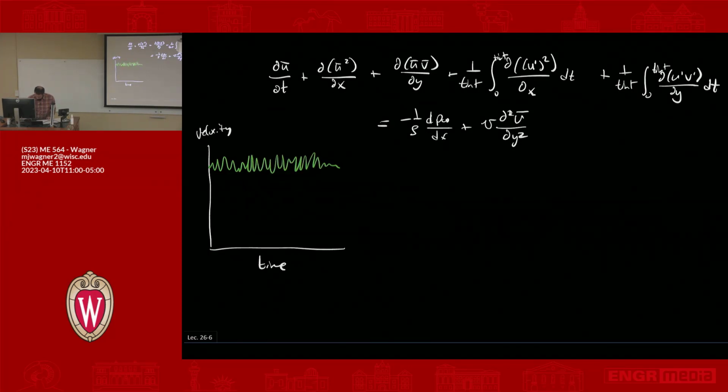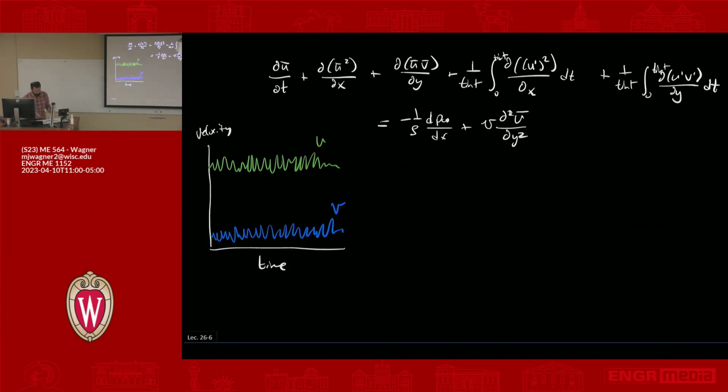V, remember, is the y component of velocity, so v is going to look something like this. So what do we notice? Because u and v are inversely correlated inside the eddies, the magnitude of oscillation or magnitude of velocity change in an oscillation is the same between u and v. It's the same magnitude. However, the average velocity of u is much higher than the average velocity of v.